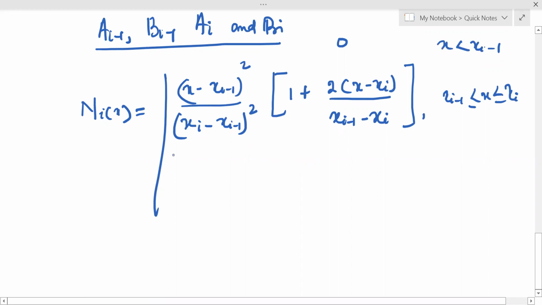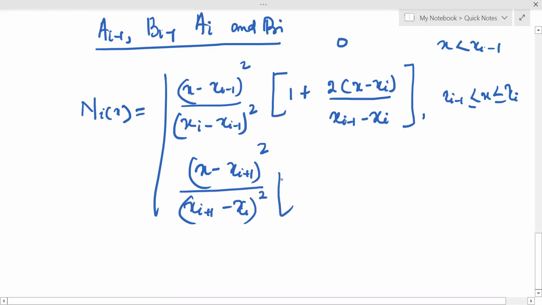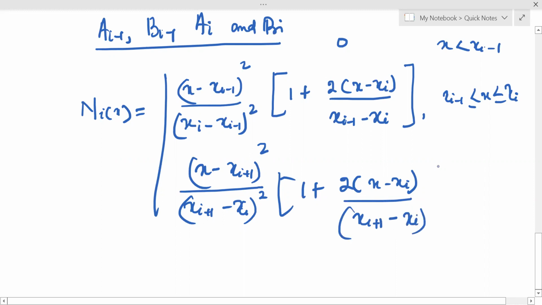In another condition, (x minus xi plus 1) whole square divided by (xi plus 1 minus xi) whole square, whole bracket, 1 plus 2 whole into (x minus xi) divided by (xi plus 1 minus xi), whole into, for xi less than or equal to x less than or equal to xi plus 1.